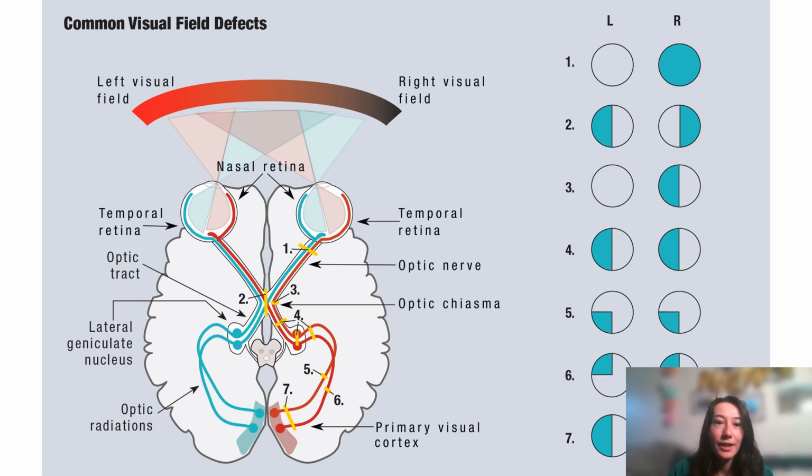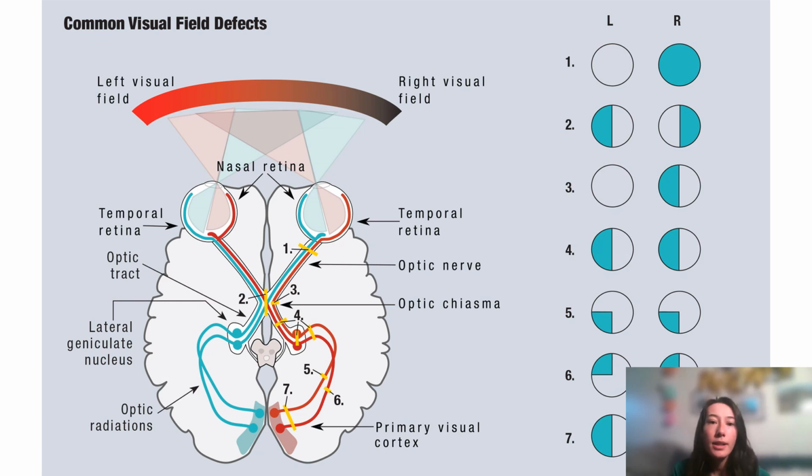It's left versus right. Now, looking a little bit more in depth, if we follow the two left sides of the eye, so the two blue lines, you're going to follow them both to the optic chiasma, and you're going to notice that the left side of the left eyeball stays on this left side, while the left side of the right eyeball is the one that actually crosses over within the optic chiasma to come over to the left side.